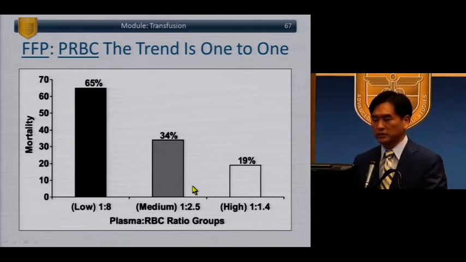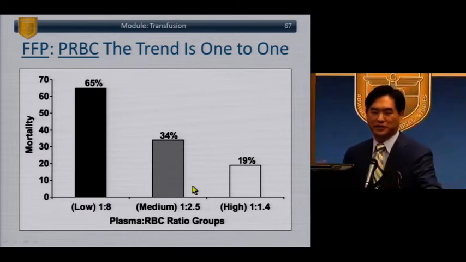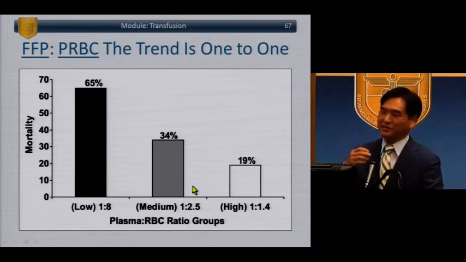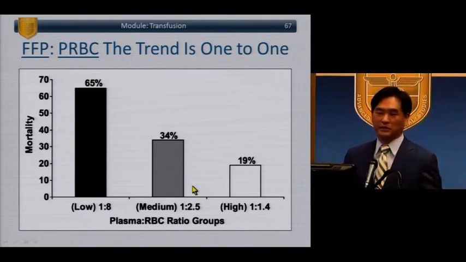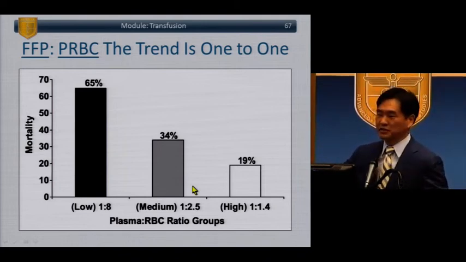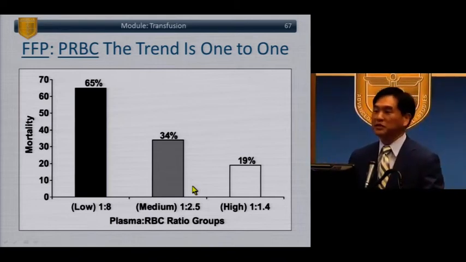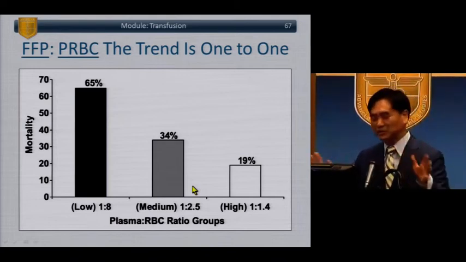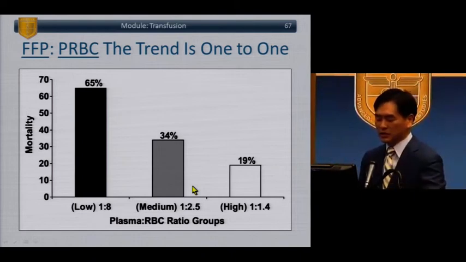I was at a lecture with the former chair at UCSF, and he was quoting the days when they would just drain blood from one soldier and put it in the next, and that they did so great, and whole blood was so good, and isn't it funny we're coming back to whole blood? We're not really coming back to whole blood, but it does seem that 1-to-1 is better, and certainly we're going towards it.